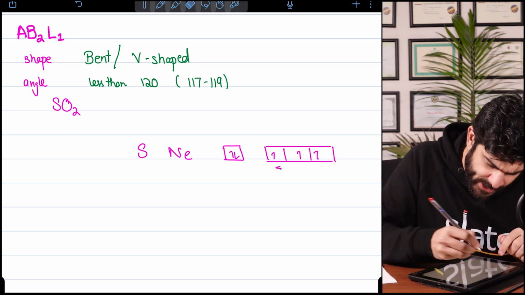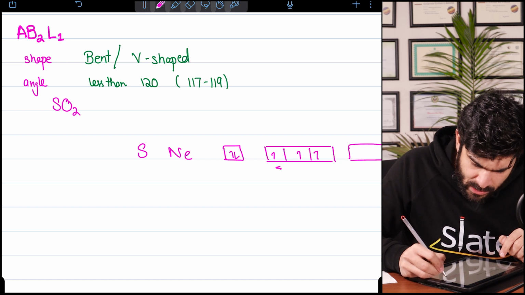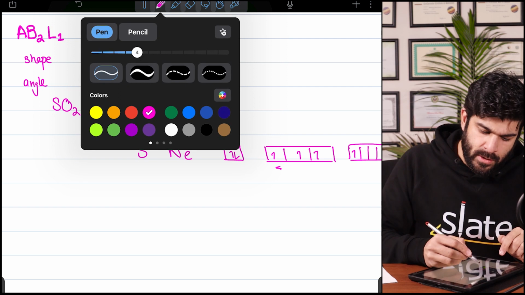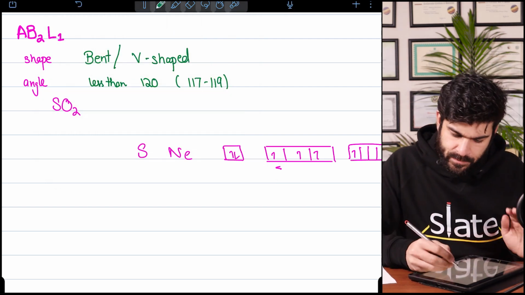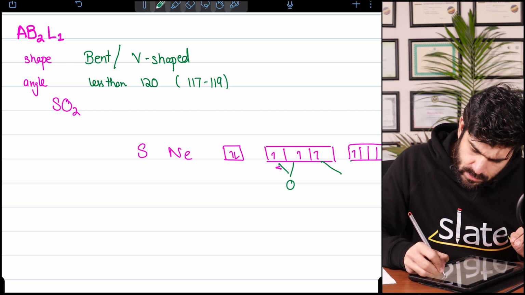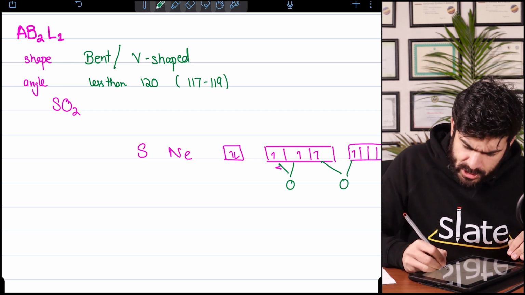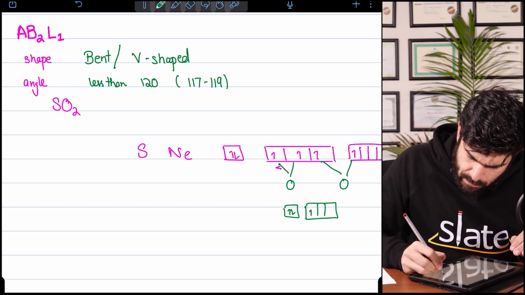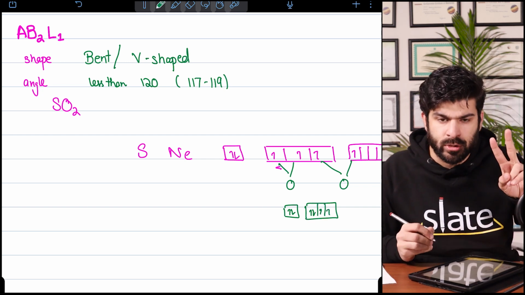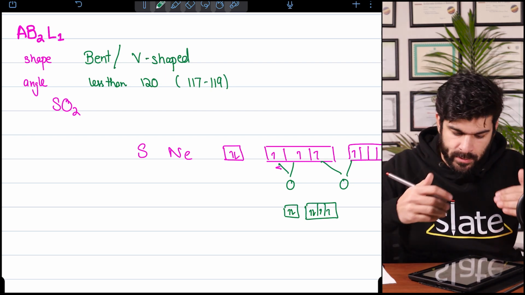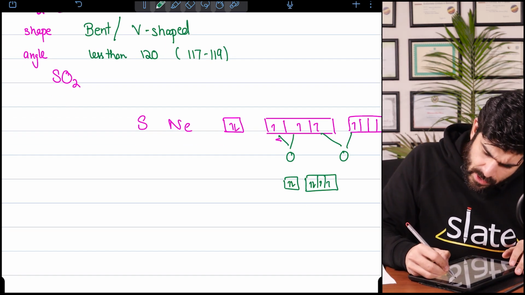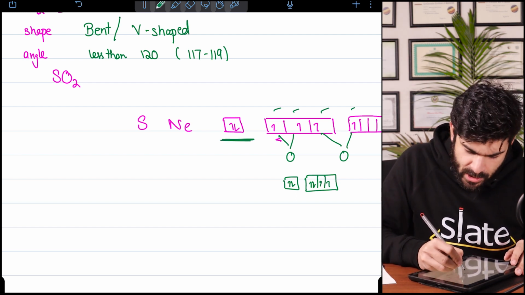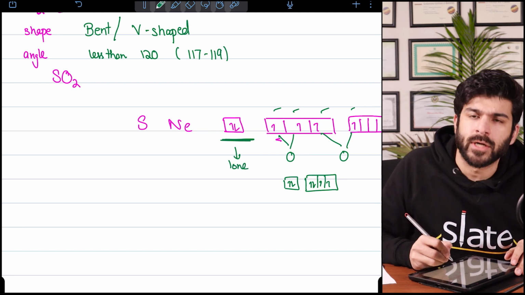So this one will be excited. Only this one will. And we get 4 lone electrons. So oxygen, oxygen. Because oxygen has an electronic configuration of this sort, it needs 2 electrons to share, to make a covalent bond. So we have valencies filled, but in the valence shell, a lone pair is also there.